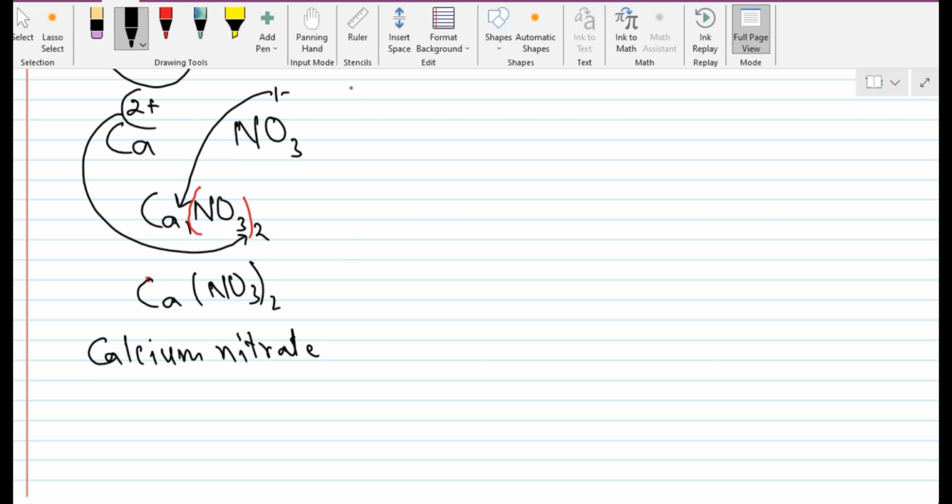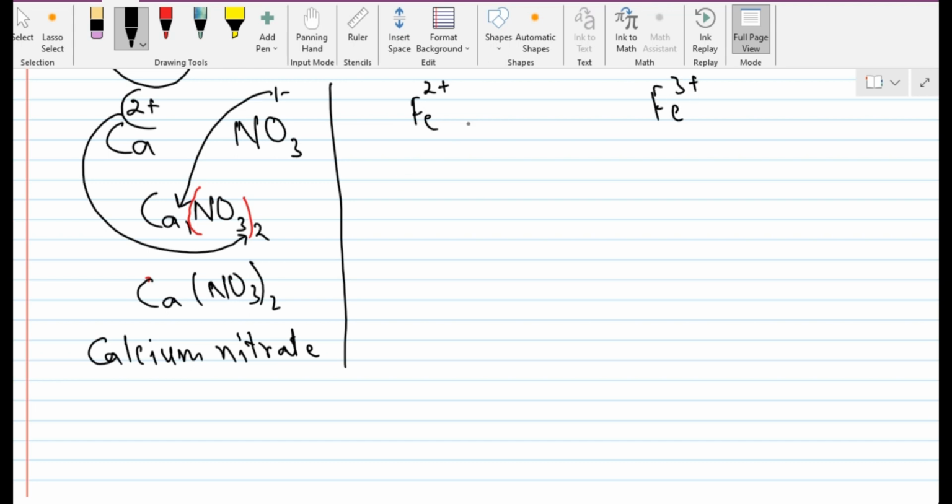But if I am going to use an element with a dual charge, for example, iron has two charges. In some compounds it shows a 2 plus charge, in some compounds it shows a 3 plus charge.